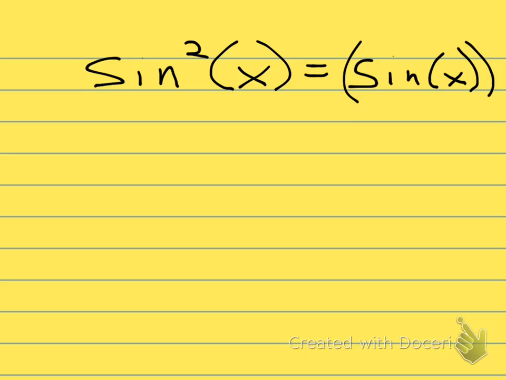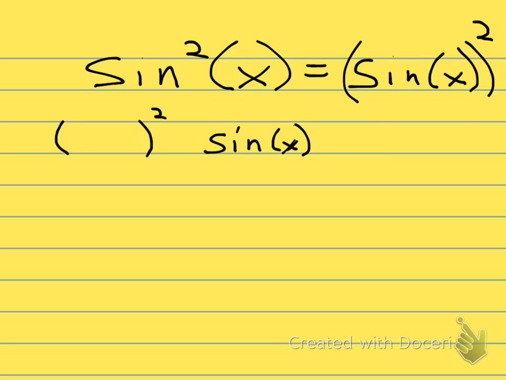Remember, the whole thing is squared. So what I have here is a few different functions. I have the outside function, which is the squared, and then I have the sine of x as my inside function.